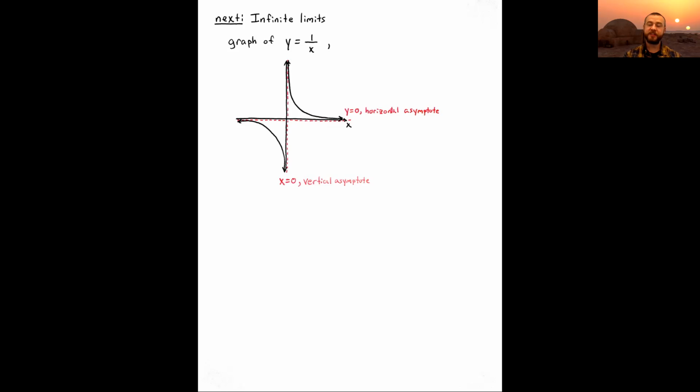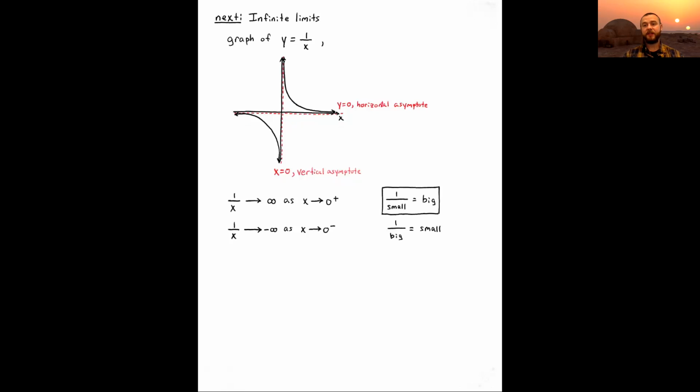What I want you to notice is we're going to take a look at a limit as x approaches 0 from both sides. This function is undefined at 0. Notice if you plug in x equals 0, you get 1 over 0, which is undefined. But recall with a limit, as we're approaching 0, we aren't actually concerned about reaching x equals 0.